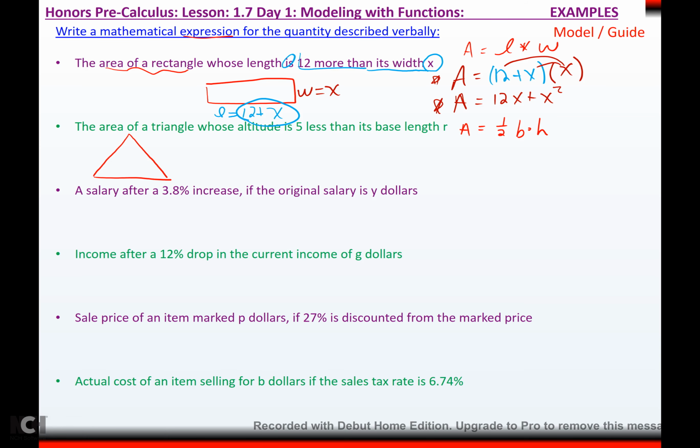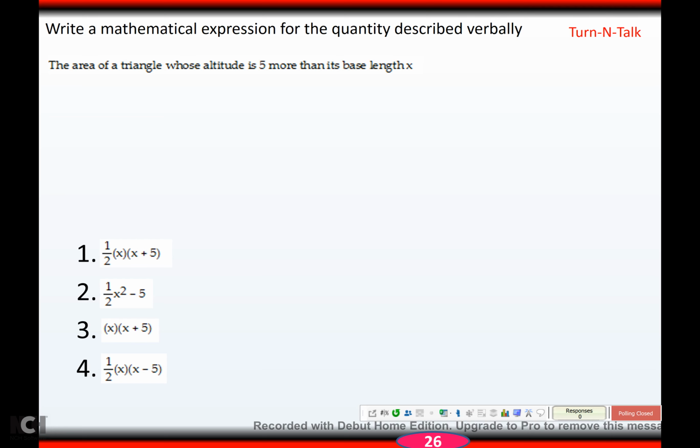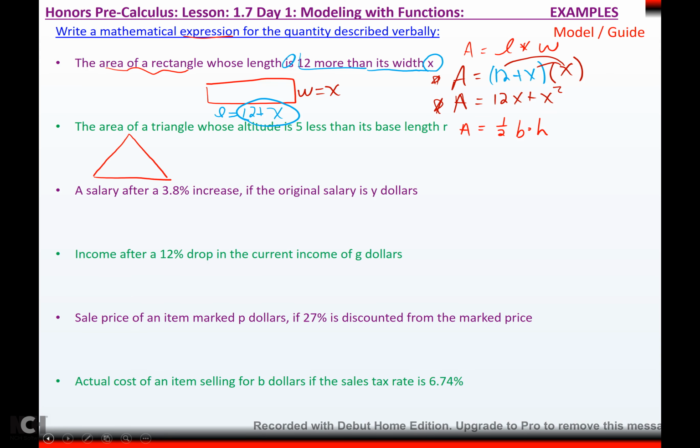All right, so it says the area of a triangle whose altitude, that means its height, is 5 less than, here's my trick again, so I've got to take 5 away from its base length r. So they're telling me to call the base r. Yes?